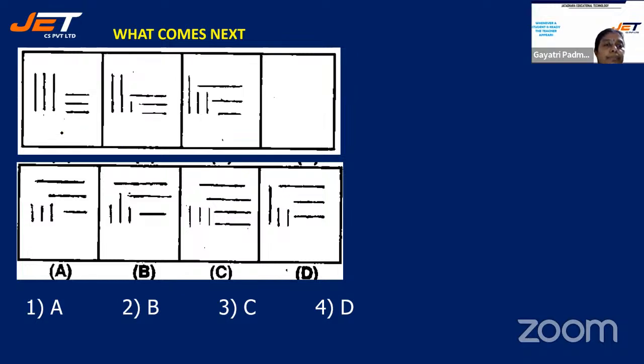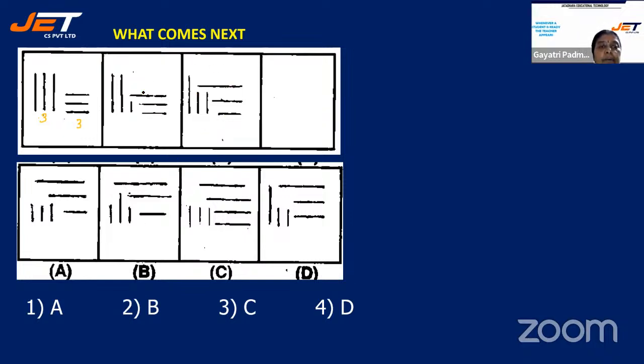Here, you have 3 vertical lines, 3 horizontal lines. Everywhere you have only 3, but the size of your line differs. Now, how do you choose in this?